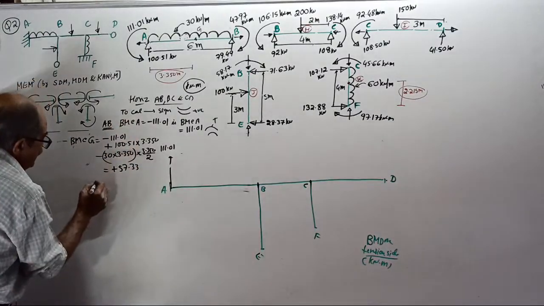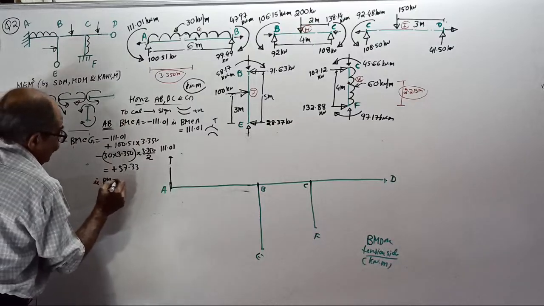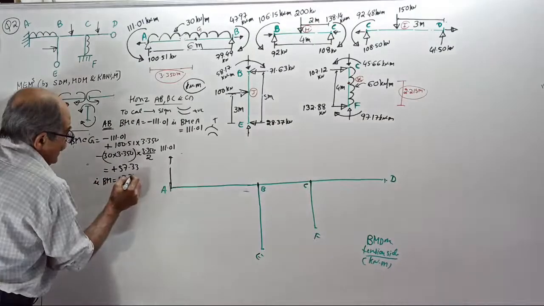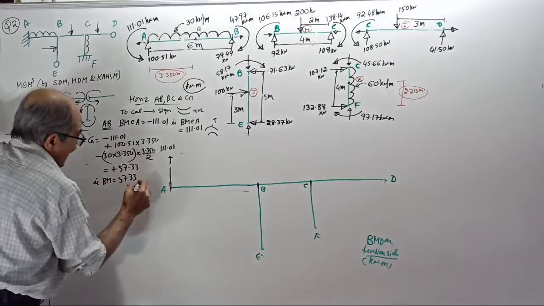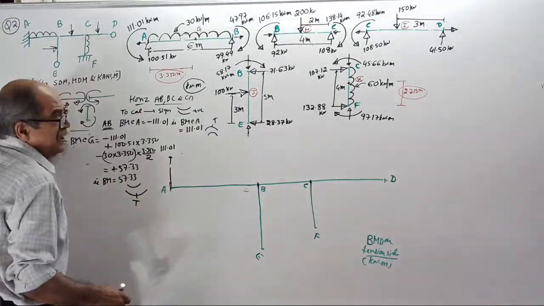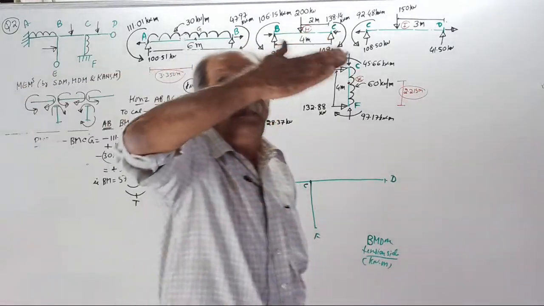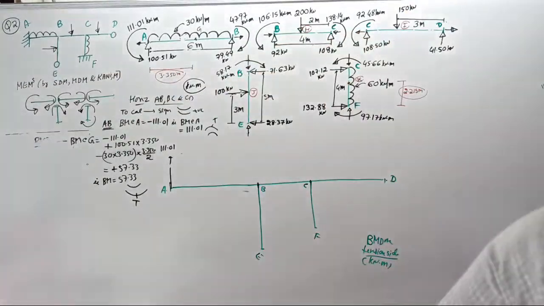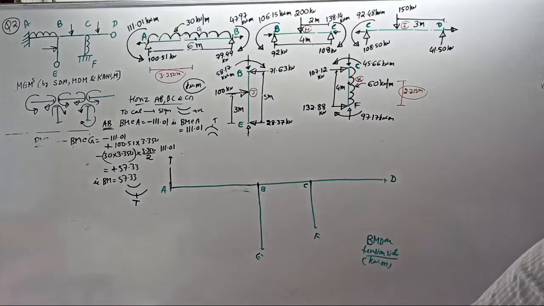Now do one thing. That means the bending moment is what? 57.33. Positive came, sagging. If it is sagging, where tension will come? You are taking lot of time.